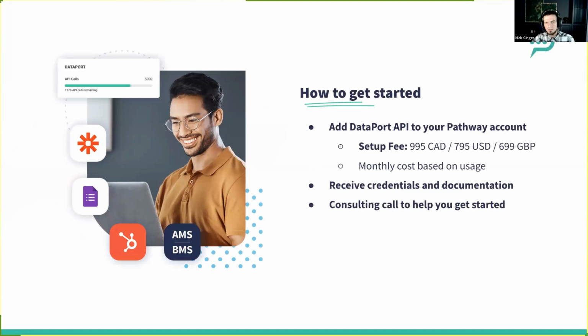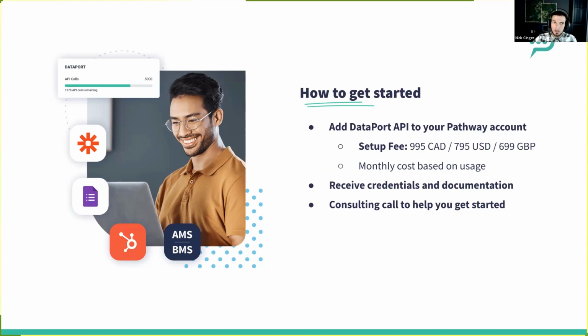So what would be the next steps? You would add DataPort to your Pathway account. It does have a setup fee. You can find the pricing on our public pricing pages in Pathway, or you can get a quote from the team if you reach out. You can reach out to your assigned CSM or myself. And if you're not sure what DataPort could potentially cost you month to month, once you've seen the pricing, let us know and we'll brainstorm some use cases and some numbers for you, because it is based on API calls.